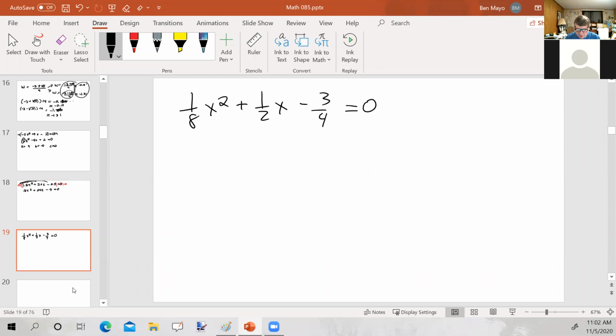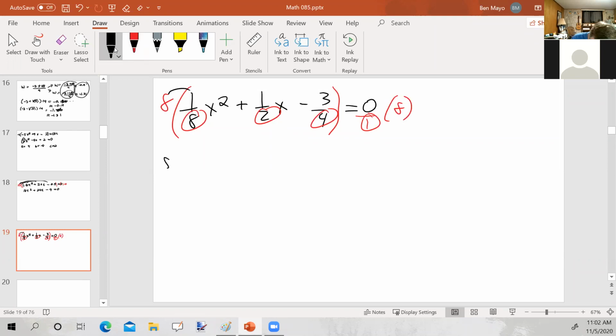So what I need to do is look at each denominator. This has got an implied 1 denominator, okay? What is the least common denominator of 8, 2, and 4? That would be 8. So now I'm going to multiply both sides of the equation by 8.